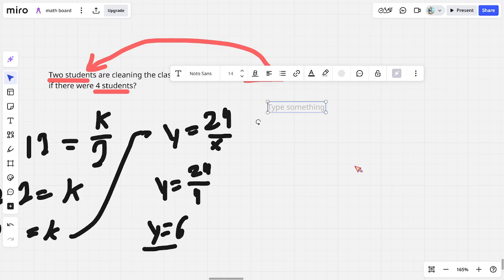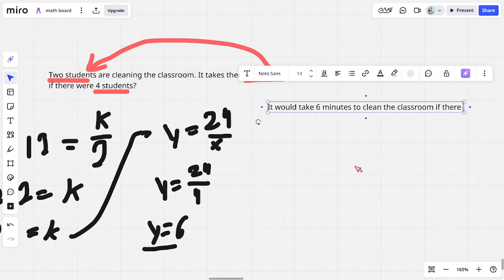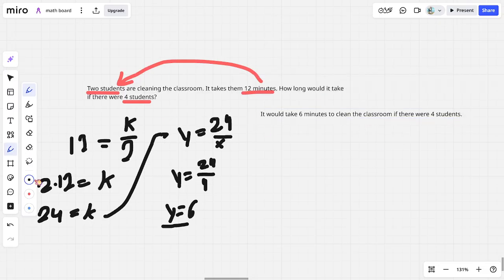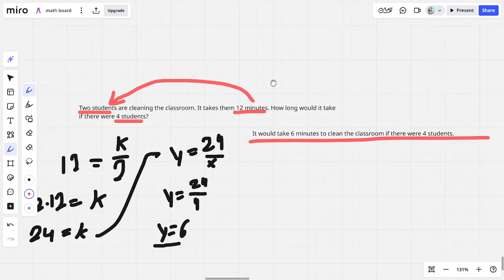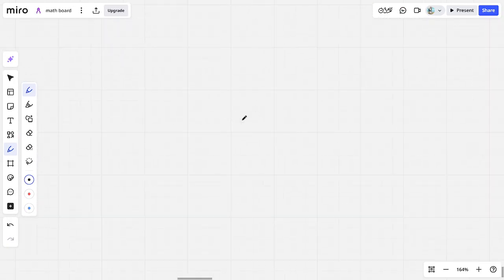So it would take 6 minutes to clean the classroom if there were 4 students. And this is our final answer. Let's have one more example with a table.